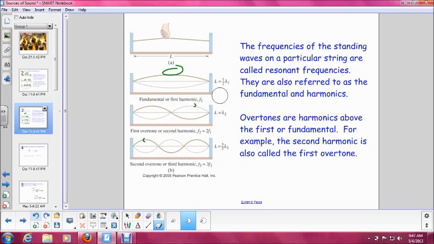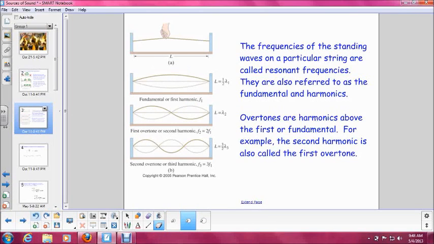So, the fundamental has one antinode, but the first overtone has two, because this is the first frequency we can get above the fundamental.